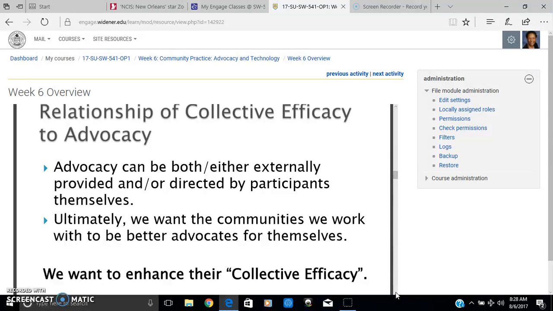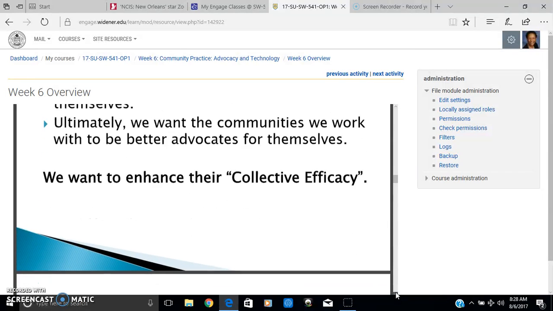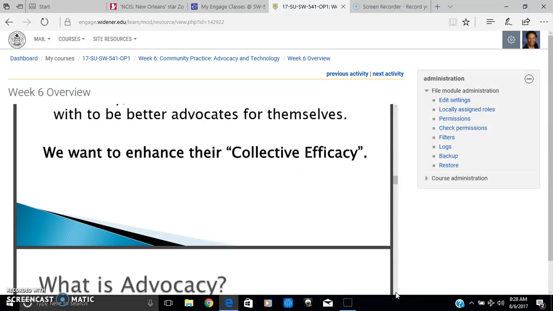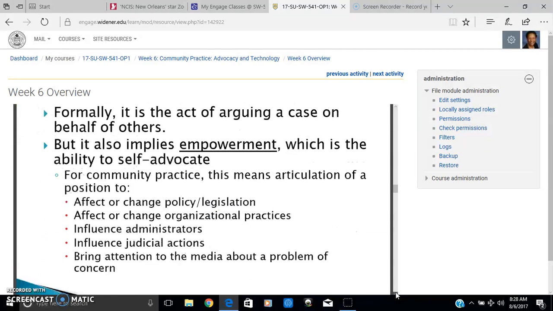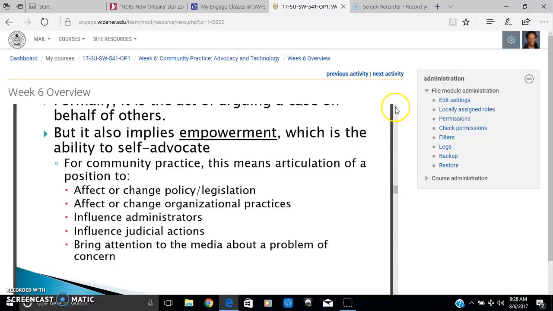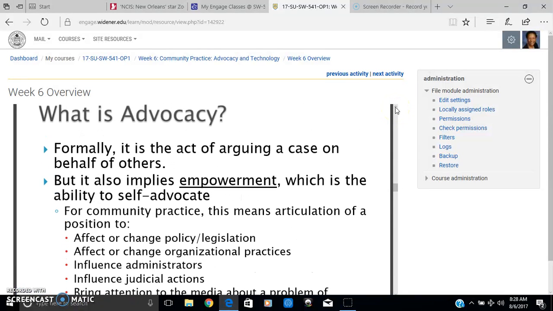How does this relate to advocacy? Advocacy can be either externally provided or directed by participants themselves. But ultimately, we want the communities to be better advocates for themselves. What is advocacy?